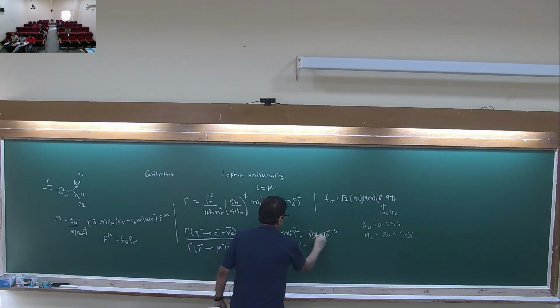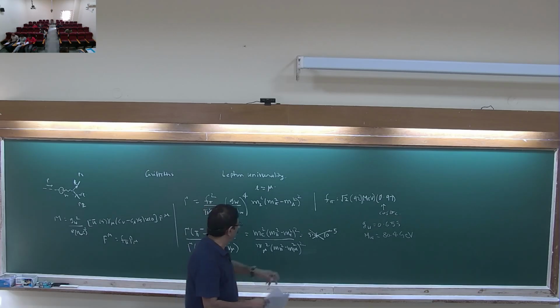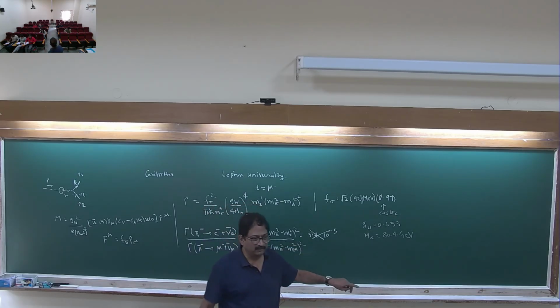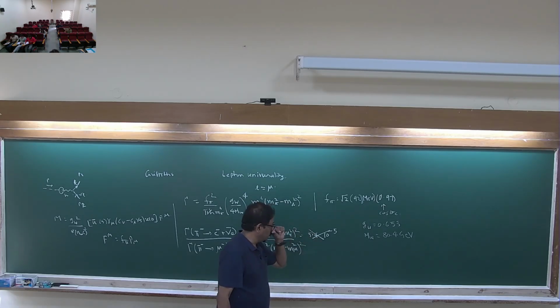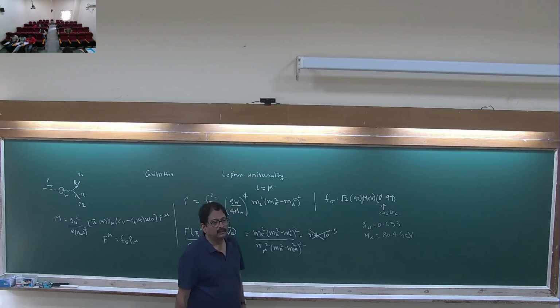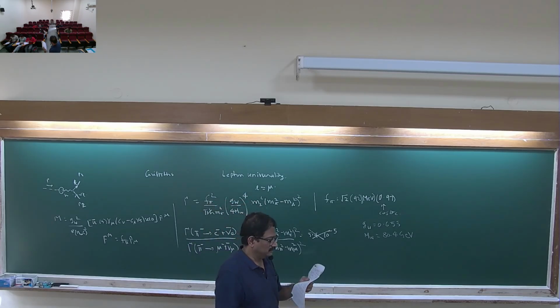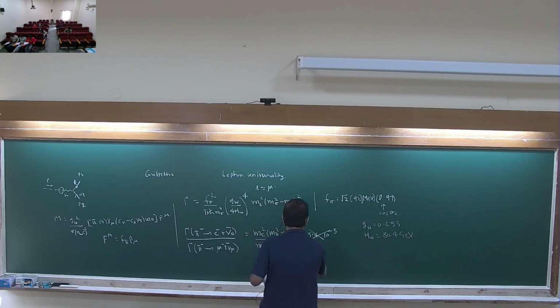It should have been... Now you can quickly check this in your Mathematica program. I forgot this power of 2, and you tell me what this is. Yeah, both of them. Yeah, 1.3 times 10 to the minus 4.